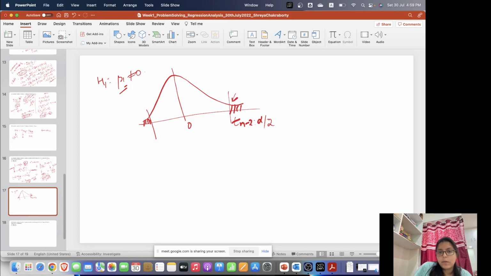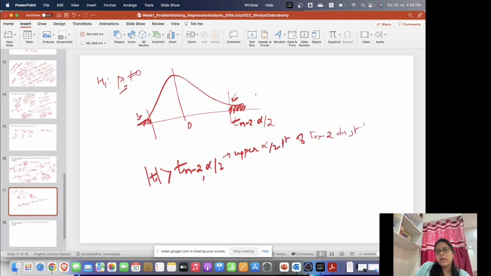This is the critical point such that the probability above it is alpha by 2. So if my t statistic lies here or here, that is, mod t is greater than t_{n-2, alpha/2}, where alpha by 2 is the upper alpha by 2 point of the t_{n-2} distribution, I have to find what this point is.